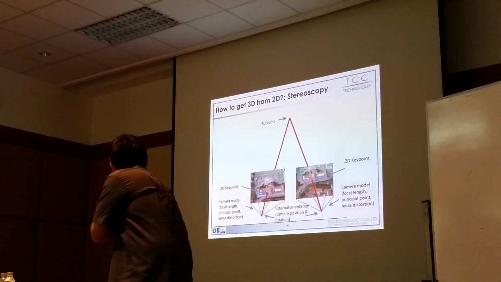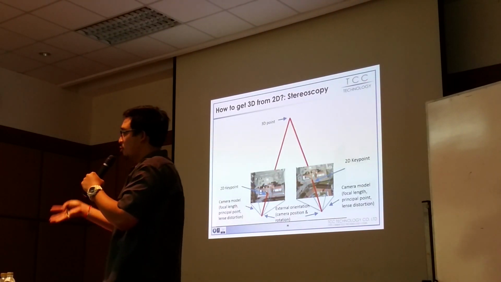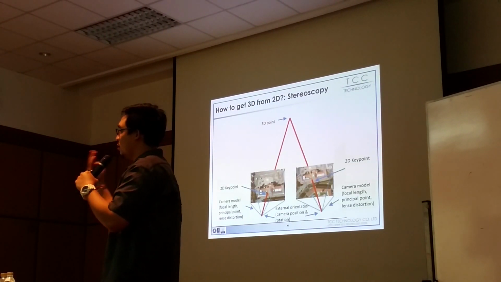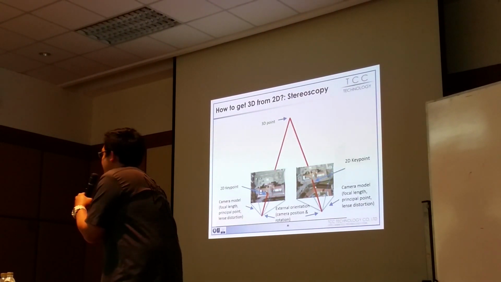So we will have two pictures. Then we extract several thousand, 10,000 points from this image and also from this image.